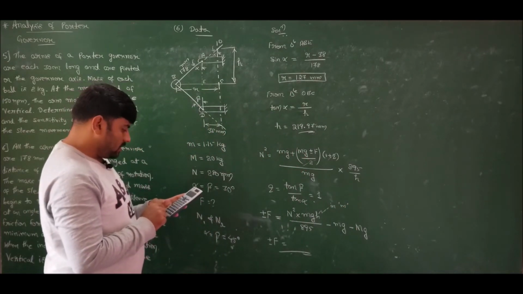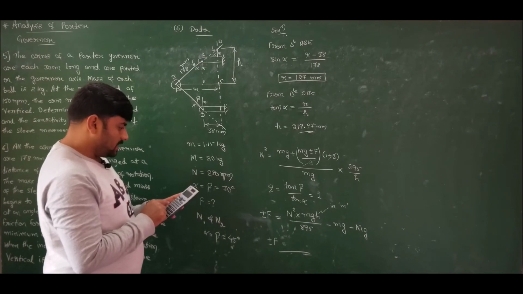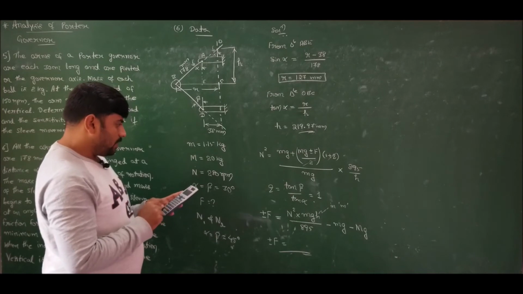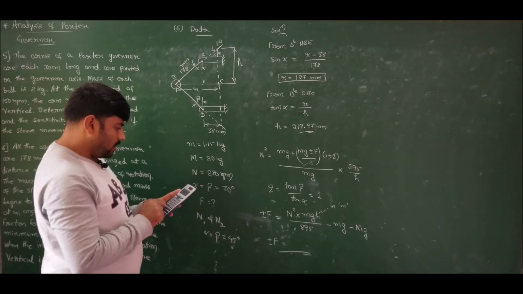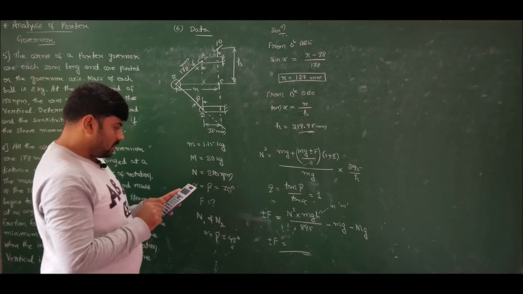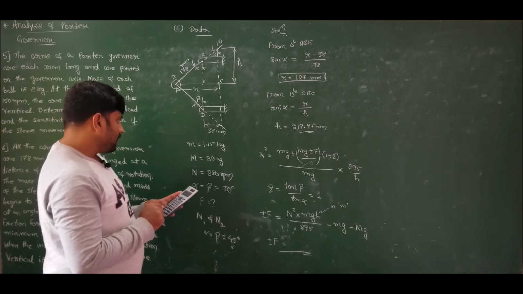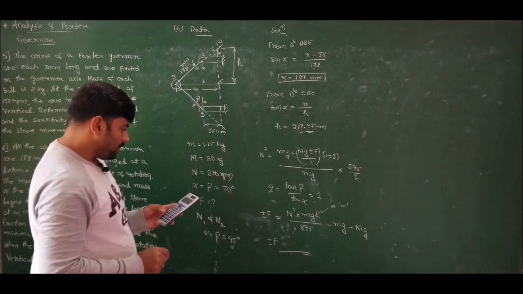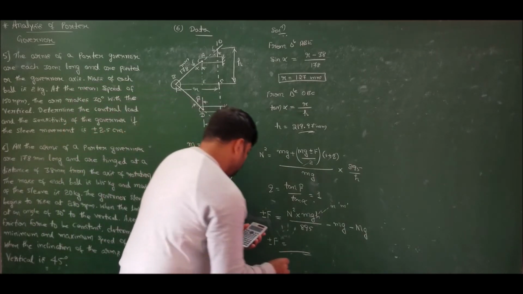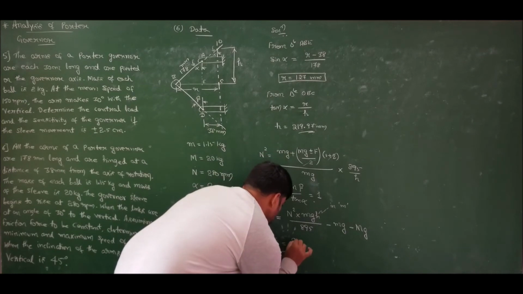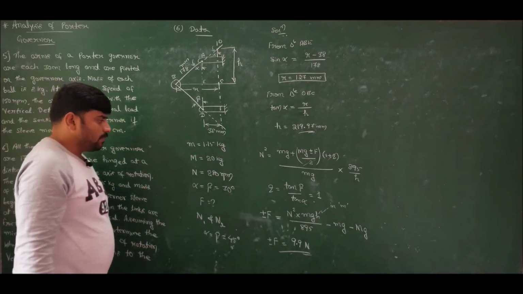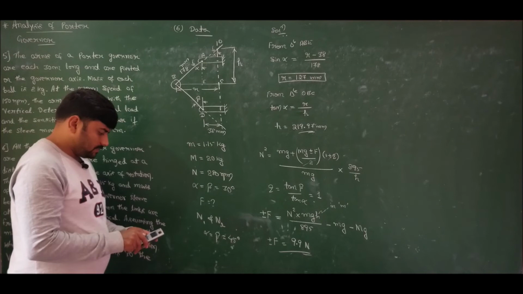In meters it will be 0.21997 divided by 895 minus mg, that is 1.15 into 9.81, minus capital Mg. Capital M is 20 into 9.81. So plus or minus F will become 9.9 newtons. Plus or minus F is turning out to be 9.9 newtons.